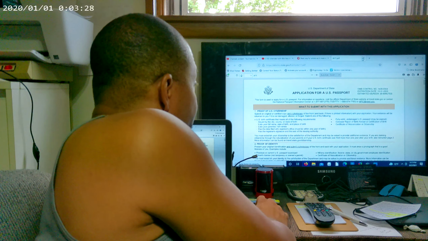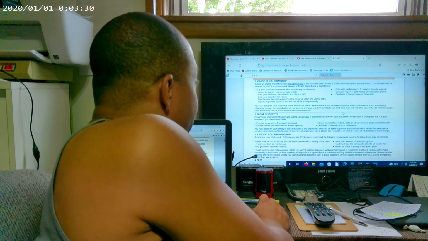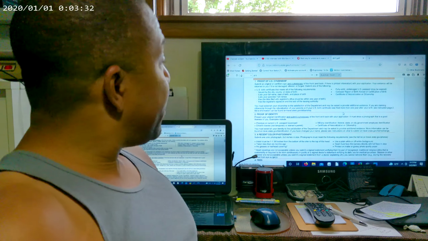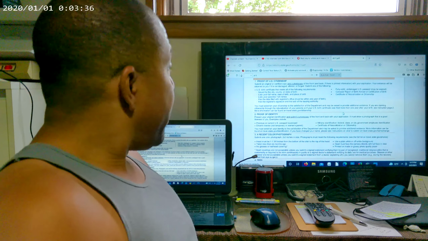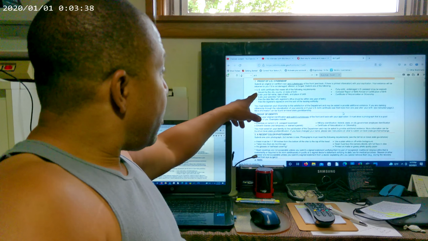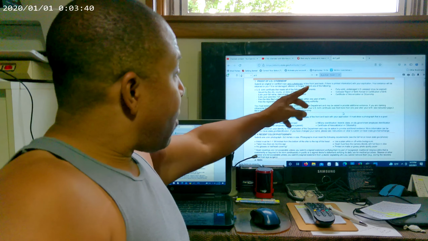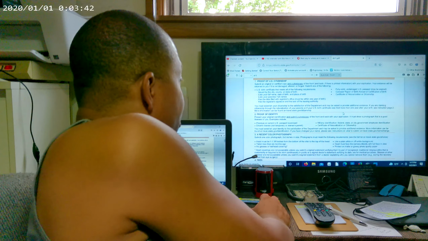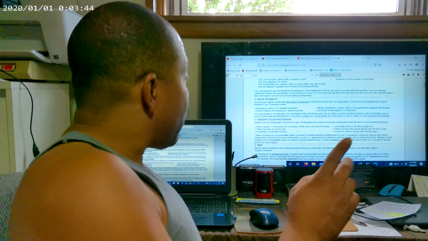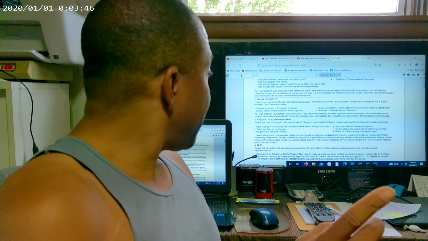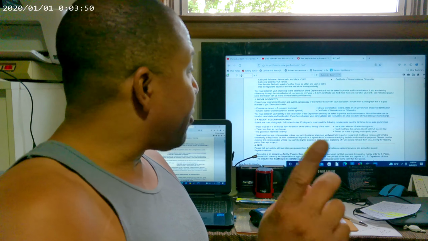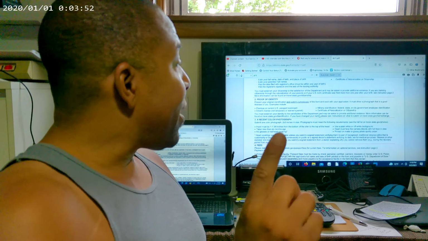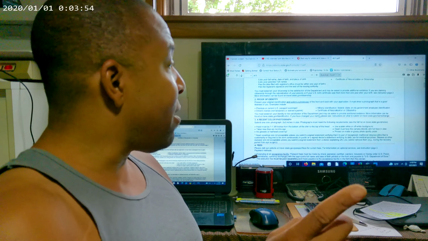So, as we scroll through, essentially the majority of it's the same thing. It says here, U.S. birth certificate that meets all the following requirements, your proof of identity. What's interesting with proof of identity that they've changed is, now they're saying you must establish your identity to the satisfaction of the department.